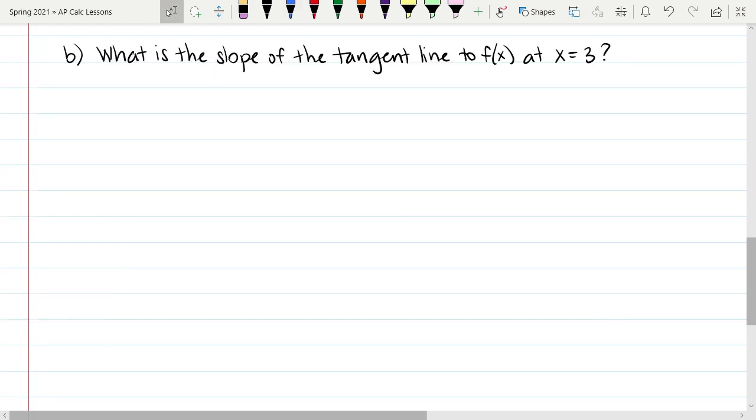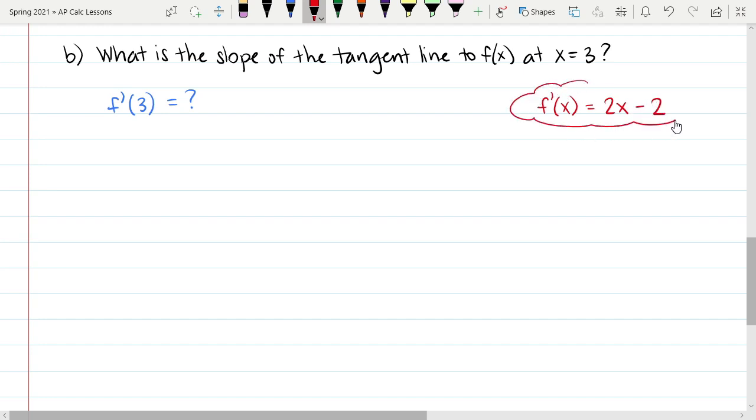Okay, so part B of the same question. What is the slope of the tangent line to f of x at x equals 3? Well, remember, the slope of the tangent line means f prime, and because they're specifically asking at x equals 3, they're really asking for f prime of 3. But in the previous question, we found that f prime of x was 2x minus 2.